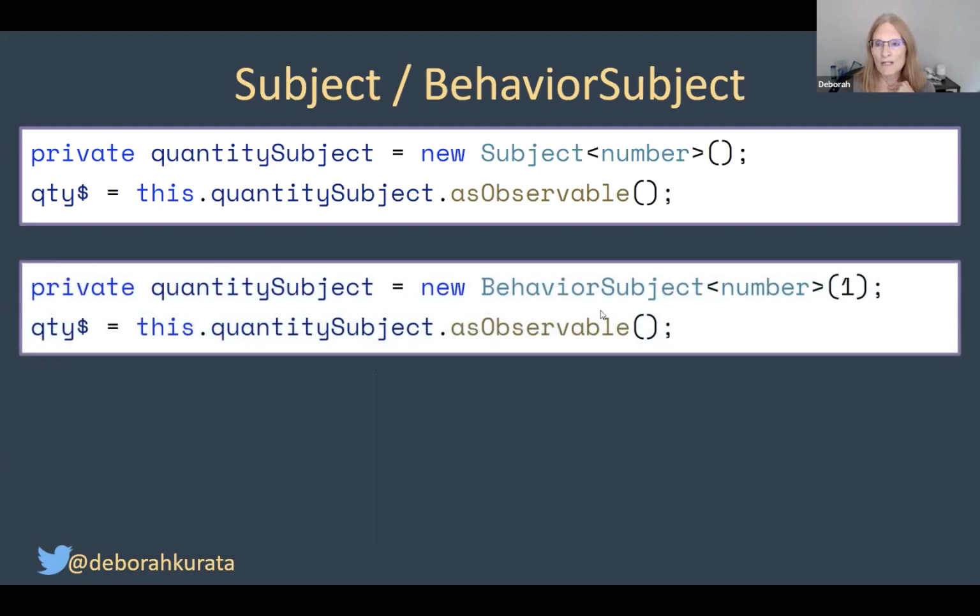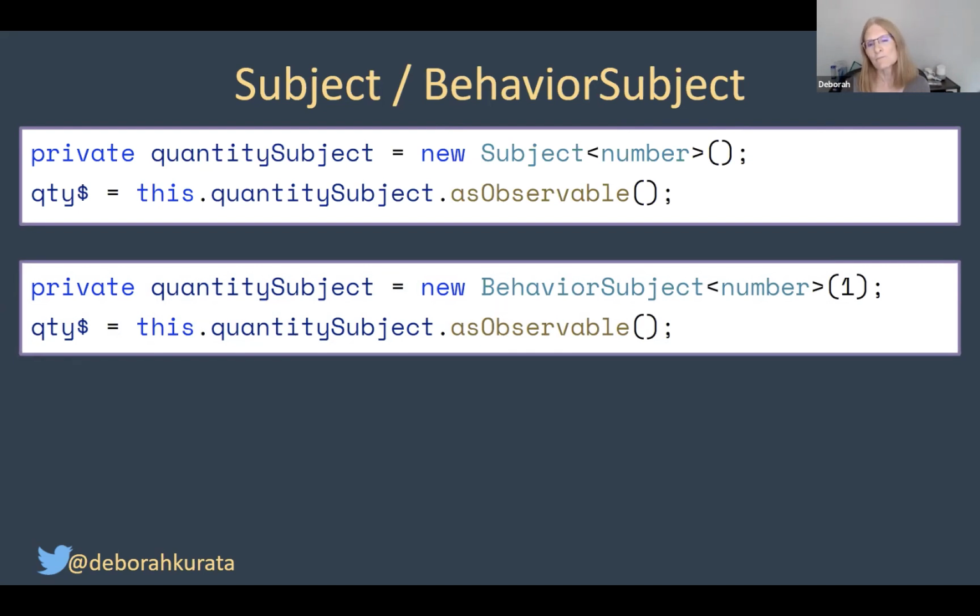If we instead want to use a behavior subject, the code for that is very similar, except that it has a default value. Now, the key difference between a subject and a behavior subject is a subject looks like what we described an observable to be, where the values are just emitted and gone. A behavior subject is smart enough to cache the last emitted value. So any new subscriber will get that last emission.